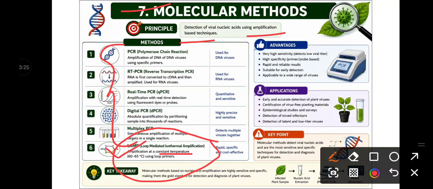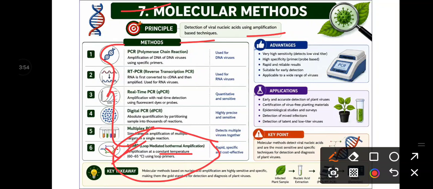So there is a chain of reactions in PCR which occur at particular temperatures. That's why the PCR reaction needs a thermocycler, means cycling of temperature is needed to perform the PCR. But this limitation was actually omitted by LAMP, loop-mediated isothermal amplification.